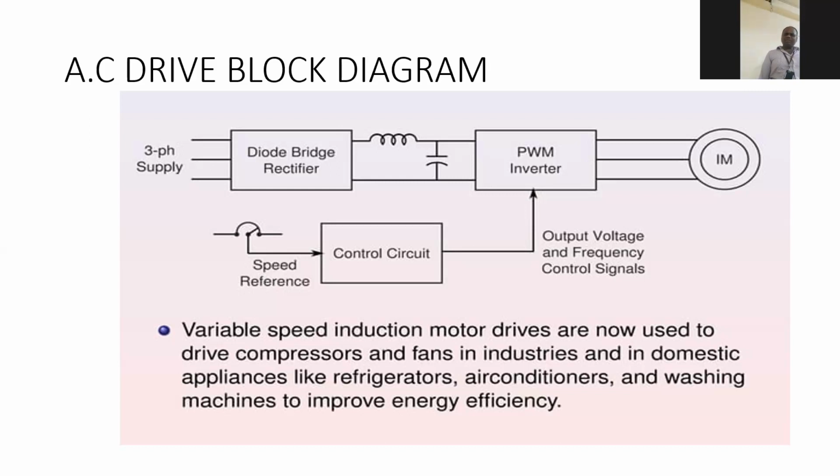Yes, we are giving the special speed responses and preference, which is taken in and around the system. And from this area, we can control domestic appliances like refrigerators, air conditioners, and washing machines to improve the energy efficiency, which is very important in these ranges. Next slide, madam.